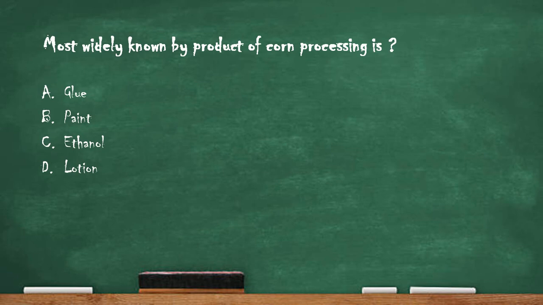Option D, lotion. And the right answer is option C, ethanol. So about 0.33 kilograms of ethanol can be produced from 1 kilogram of corn.